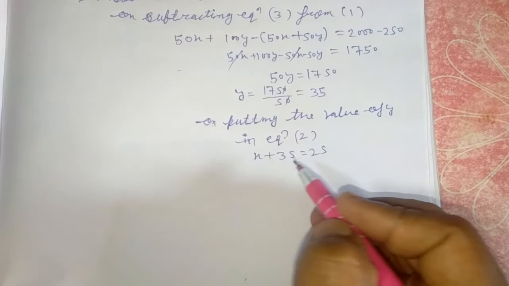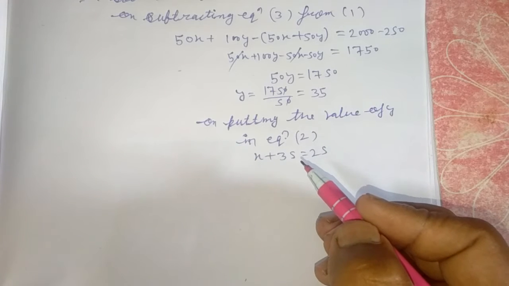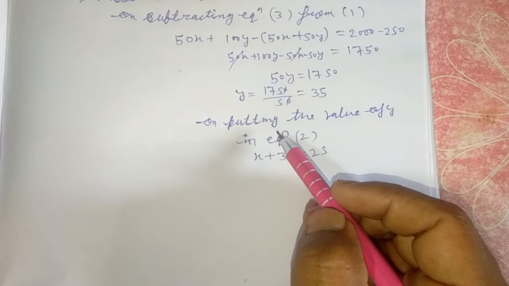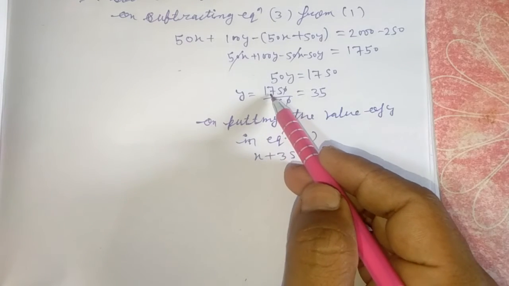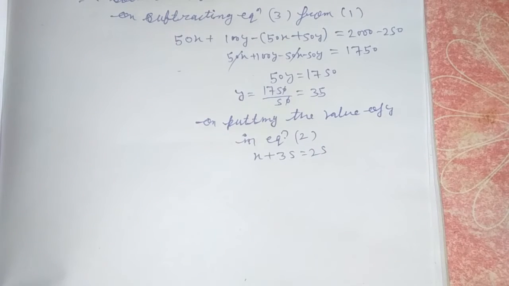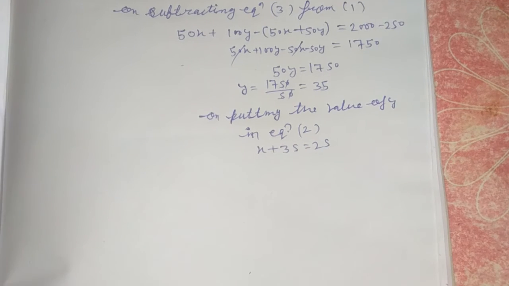Okay, sorry, here is a mistake, because 5 3s are 15. Okay, 5 5s are 25, 35. So our answer is coming out negative. It will not be this. So 5 3s are 15.